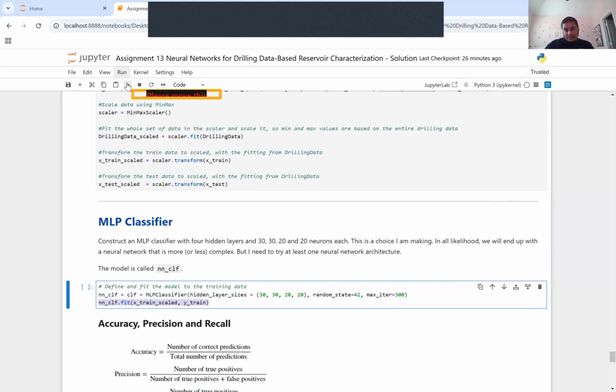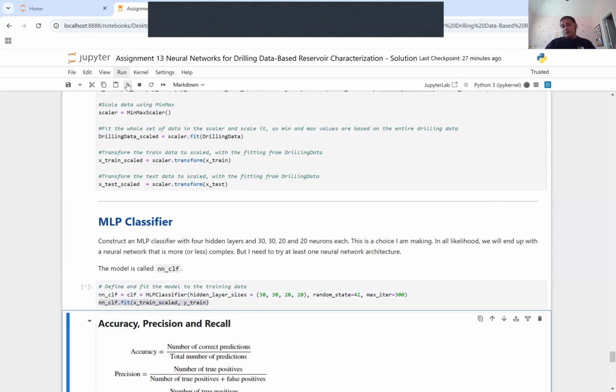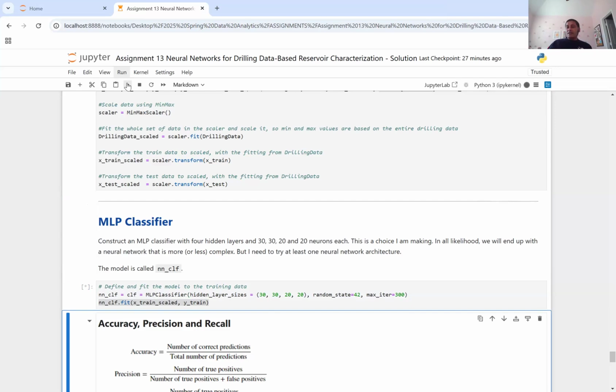And this is going to take some time because if you look at how many neurons I have, then I'm going to have 30 times 30 times 20 times 20 weights at least, plus another 30 on the input side and another 20 on the output side. So that's quite a few weights, and we'll also have the corresponding biases.